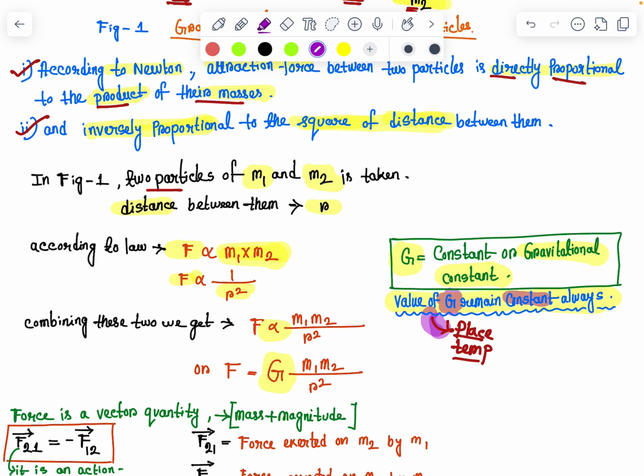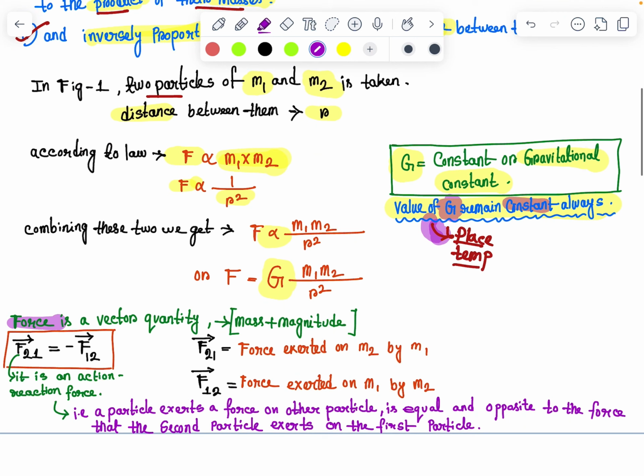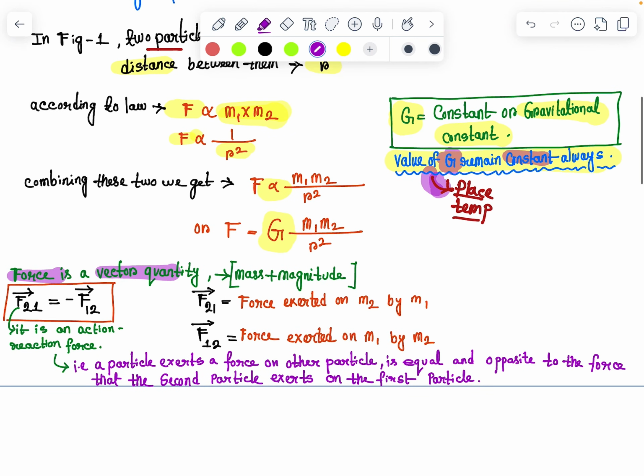As you know, force is a vector quantity. What do you understand by a vector quantity? It has a magnitude and it also has a direction. So a vector quantity always has a magnitude and a direction.